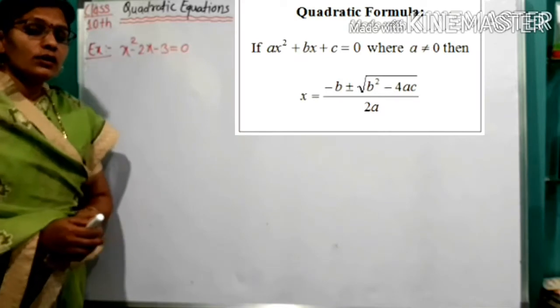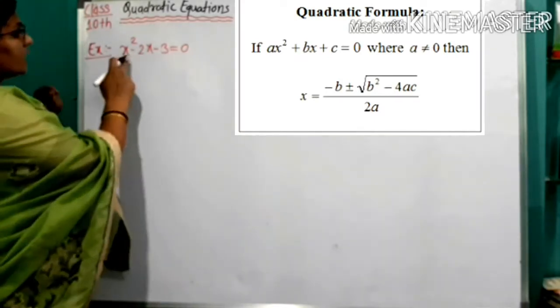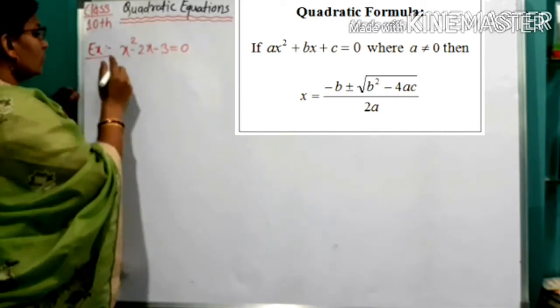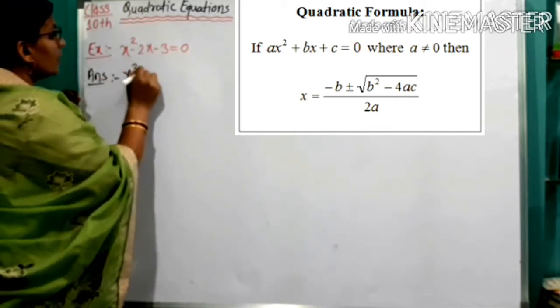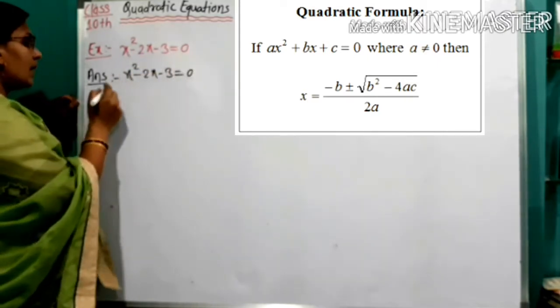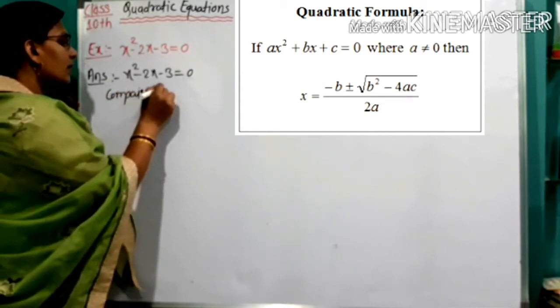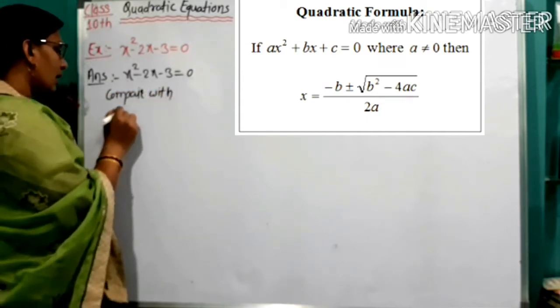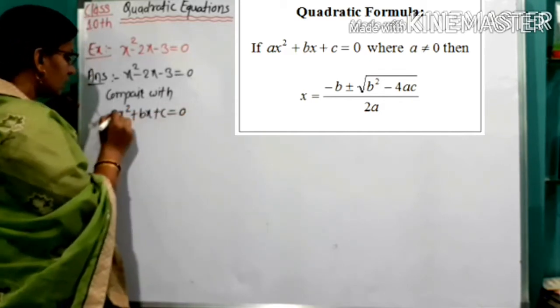Let us solve one example by formula method. Given example is x square minus 2x minus 3 equal to 0. Compare this with ax square plus bx plus c equal to 0.